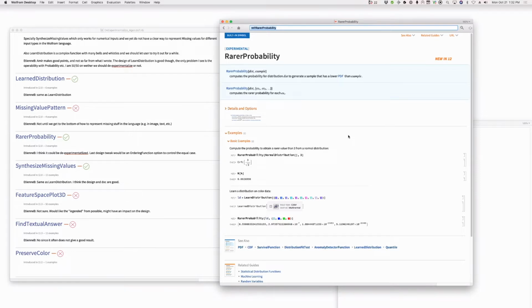I realized working with categorical distributions that, for detecting anomalies, you don't really care about the following. Let's say you have a uniform distribution. If you ask for the rarer probability of anything in this categorical uniform distribution, it's going to be 0, which means that it's an anomaly, which is of course not an anomaly because it's uniform.